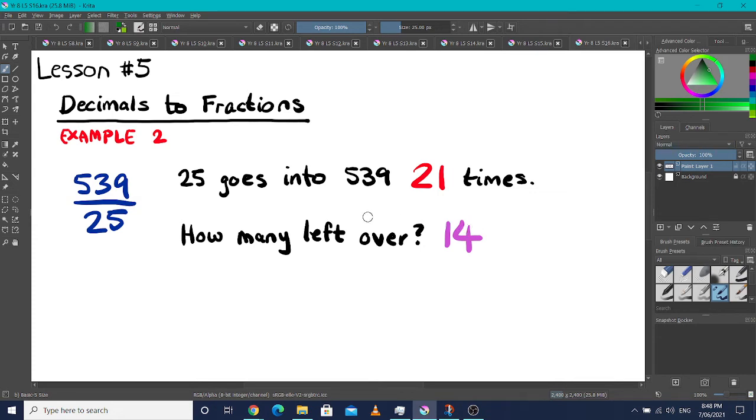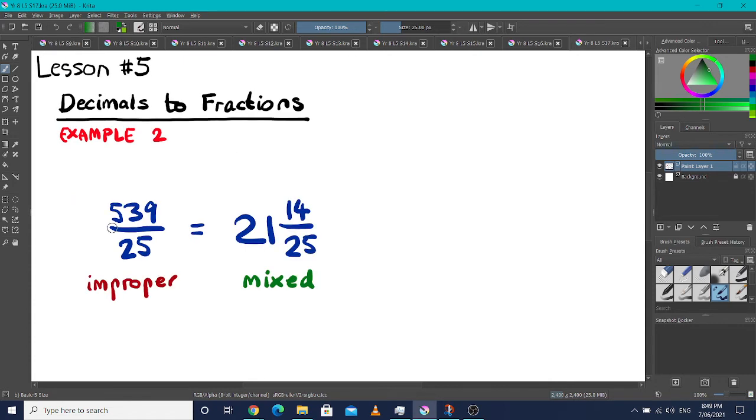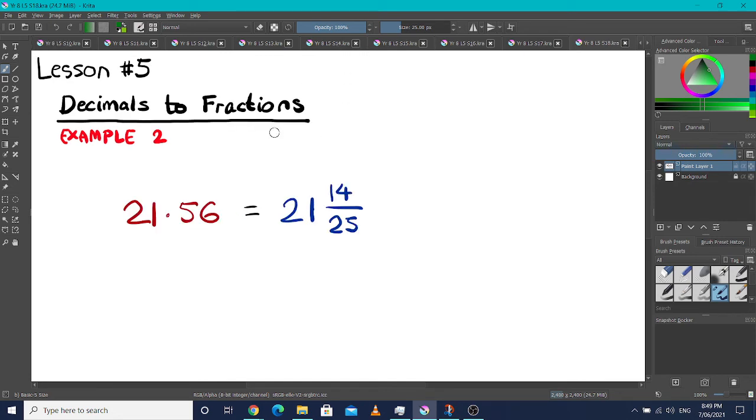If you would like more instruction on conversion of fractions, go back to lesson 2. So 539 over 25 is a mixed fraction of 21 and 14 over 25. Therefore, 21.56 as a decimal is the same as saying 21 and 14 over 25 as a mixed fraction.